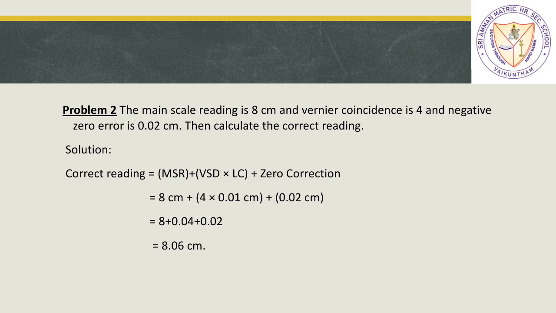Nowadays digital calipers are used, so that there will not be any difficulty in finding out the readings. And then we have studied how the corrected readings can be calculated using one small formula. So this is about vernier calipers. In the next class or the next video we will be studying another instrument which is used for measuring small lengths, that is the screw gauge.